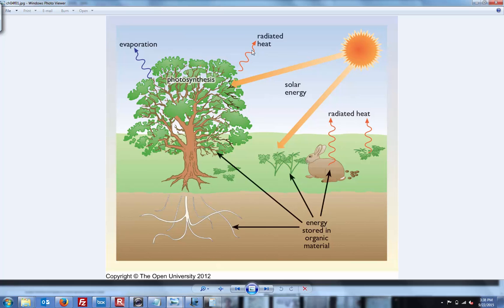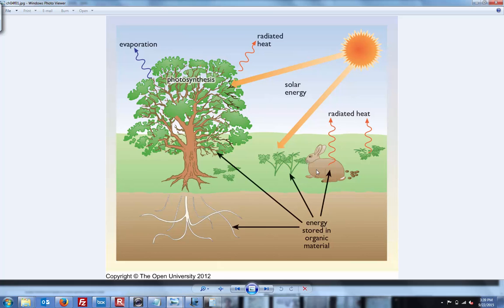Heat transfer also occurs through convection and conduction, but this is showing that the radiation is moving away from the tree. Also evaporation. In 101 we talked a little bit about the latent heat of evaporation, how much energy it actually takes for a molecule sitting in a liquid state to be evaporated into a gaseous state. That's basically where the energy goes into making that molecule more mobile.